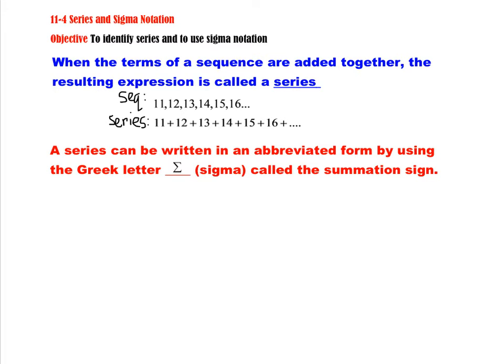So there's an abbreviated form using the Greek letter sigma that's called sigma notation. So we're going to be moving back and forth between that sigma notation and what would be expanded form. So like this first example here was an expanded form.